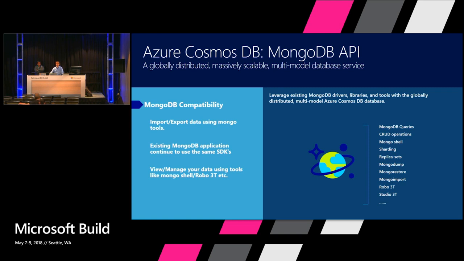Some of these tools have no knowledge of Cosmos DB whatsoever, yet they work with Cosmos DB when connected through the MongoDB API. They simply use the MongoDB connection string to the same exact account that was created in Cosmos DB, for which you could use Cosmos DB compliant tools as well.